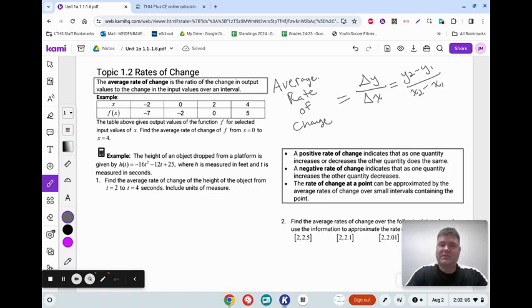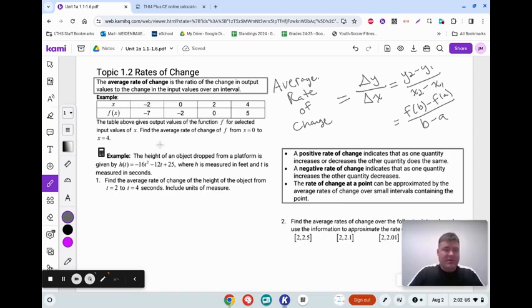These are all the same things. Or if you're in function notation, f of b minus f of a all over b minus a. Those are three different ways to represent average rate of change.